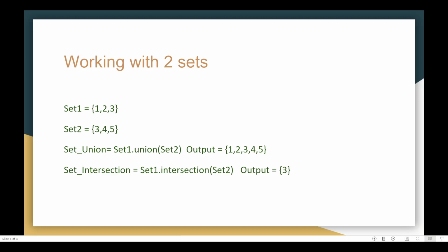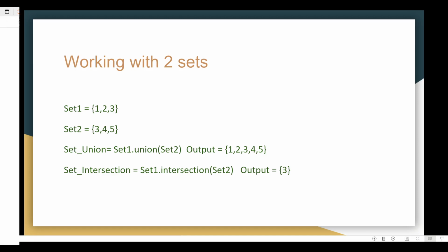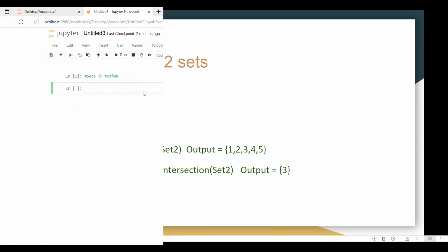Both the sets have certain values, 1 2 3 and 3 4 5. So 3 and 3 are common, and in union the common values are not repeated, so the output is 1 2 3 4 5. The other one is intersection. Set_intersection equals set1.intersection(set2). The common values from both the sets will show in the output. So the value is 3, and the output will show 3.